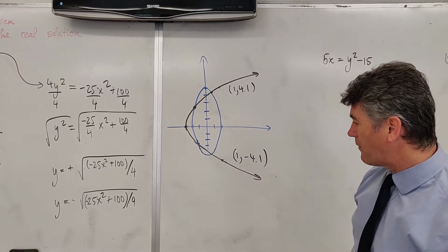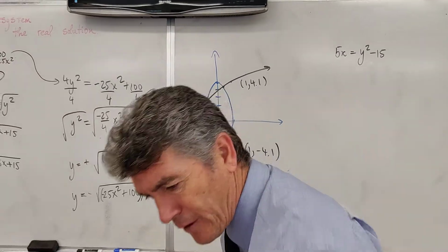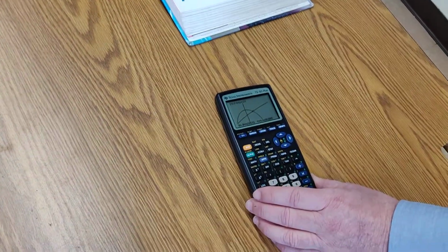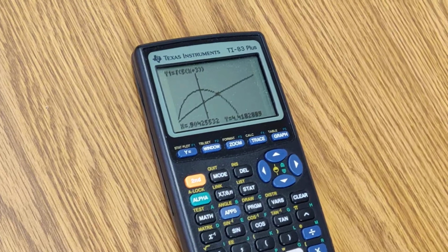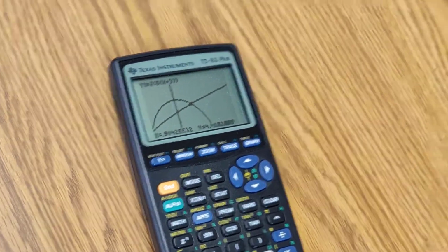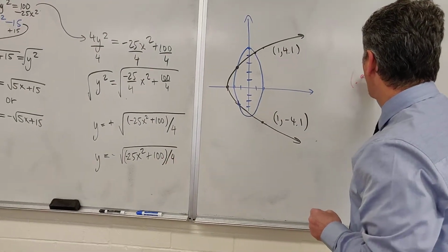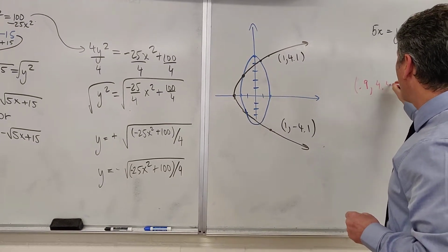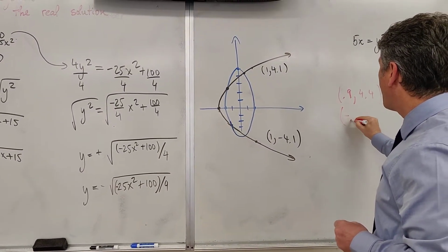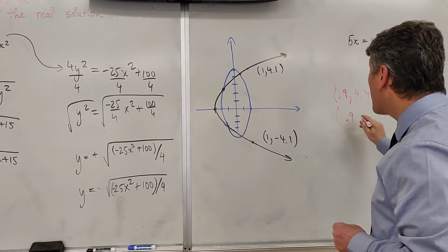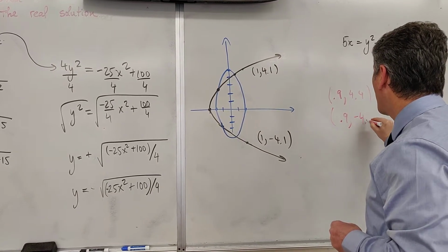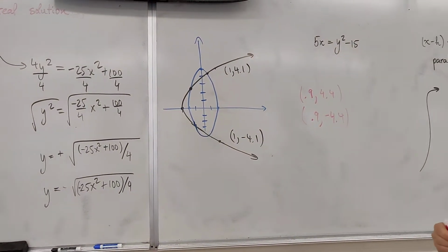So now we have one point, 0.9, 4.4, and negative 0.9 and negative 4.4 is also a solution. We're going to now find the second point.